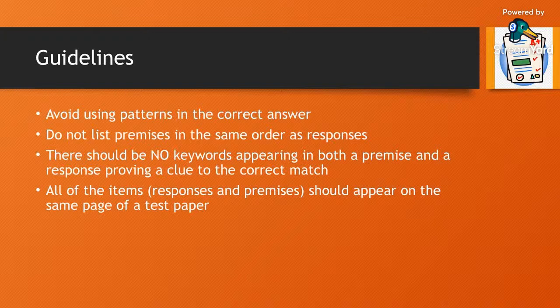Kailangan para up to the last item ay namimili pa rin yung estudyante. Ibig sabihin, nag-iisip pa rin siya, trying to establish the relationship of the premise and the remaining 2 to 3 responses. Yeah. So that's very ideal, ano?